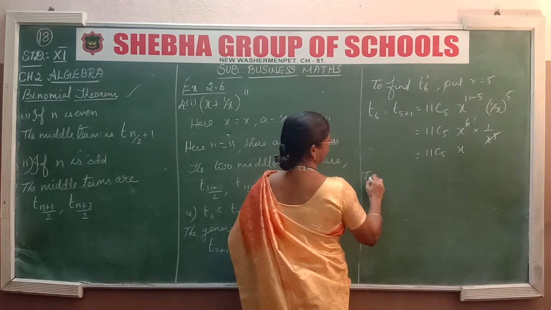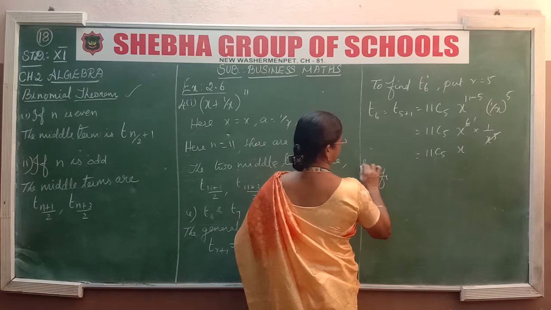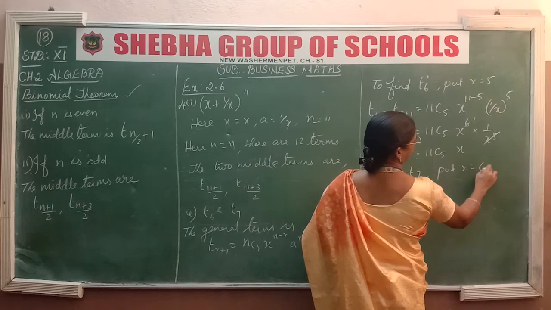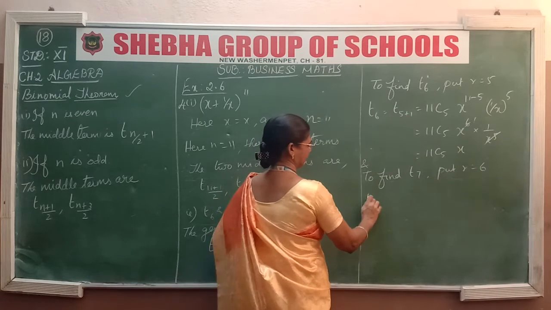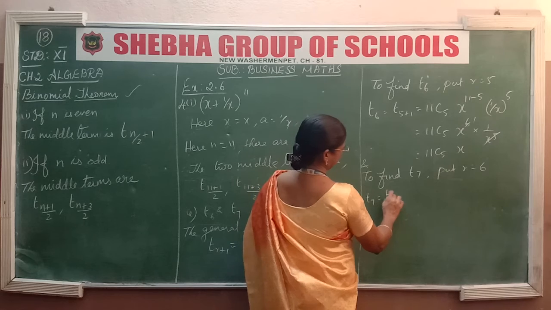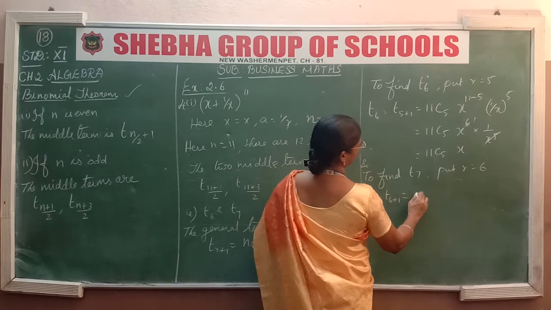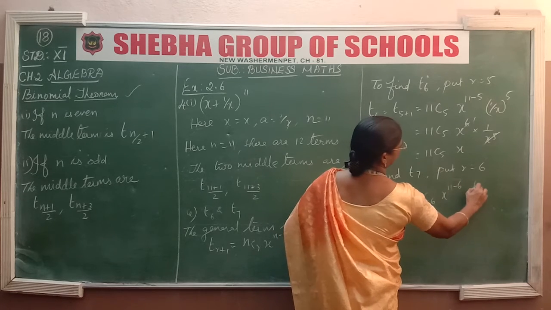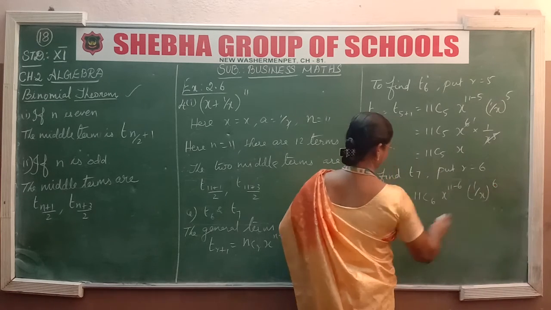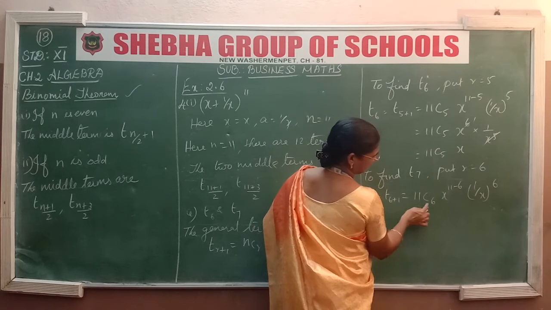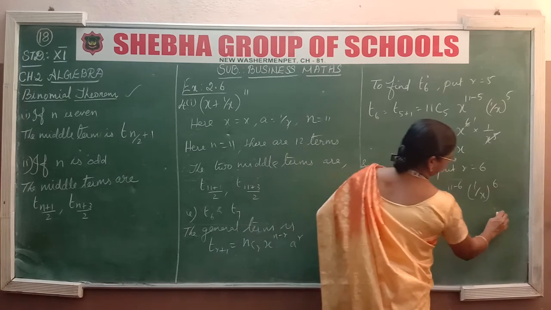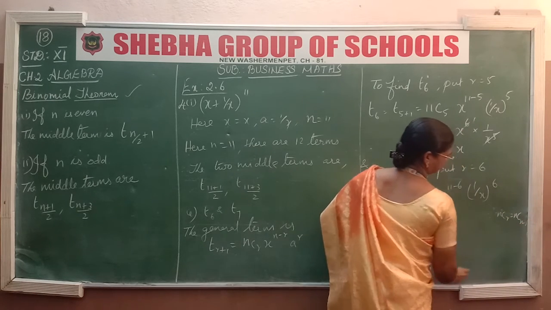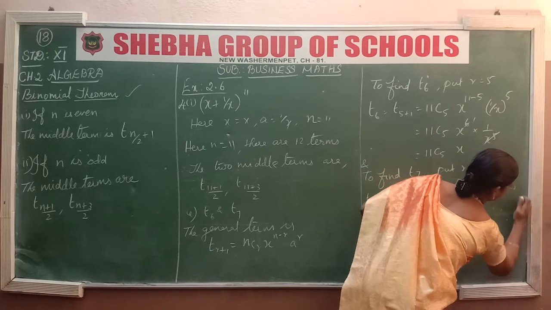And to find T7, put r is equal to 6. Substituting here, T7 is equal to T6 plus 1 is equal to 11C6 x power 11 minus 6 into 1 by x power 6. So we write 11C6 as 11C5 by the property nCr equal to nC(n minus r).